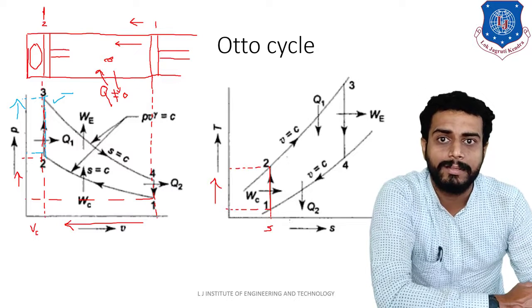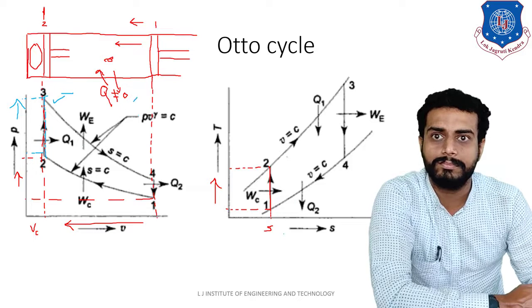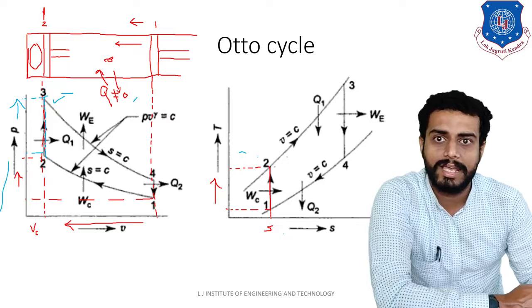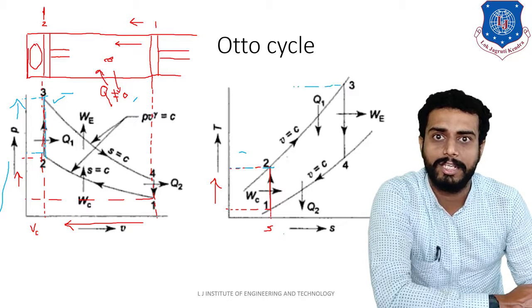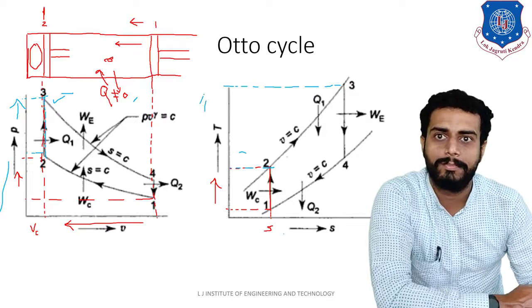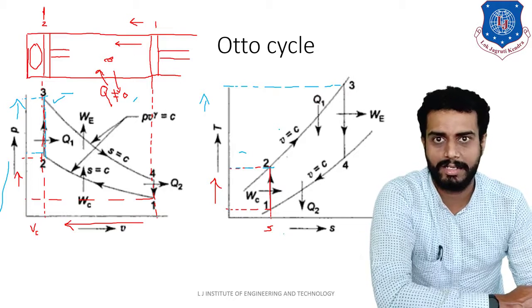In the TS diagram, corresponding to point number 2 and point number 3, the temperature will increase from 2 to 3. That is known as constant volume heat addition. Clear?